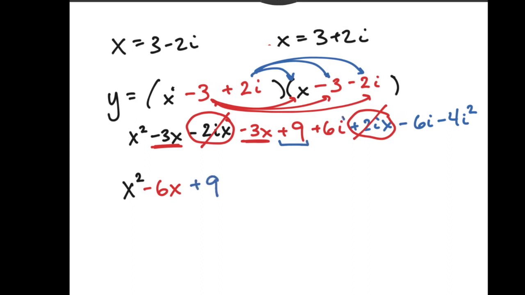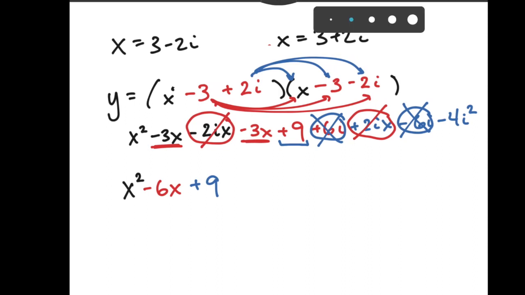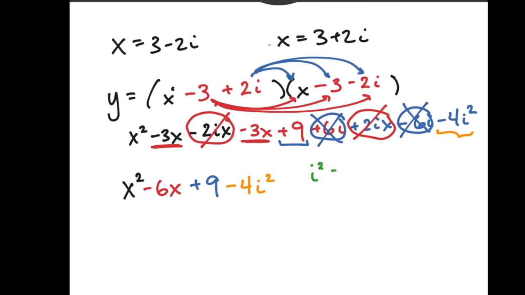This positive 6i and negative 6i are going to cancel each other out. And I'm left with this negative 4i squared. And if you remember from before, i squared equals negative 1. So I'm going to plug that into there. Bring everything else down.